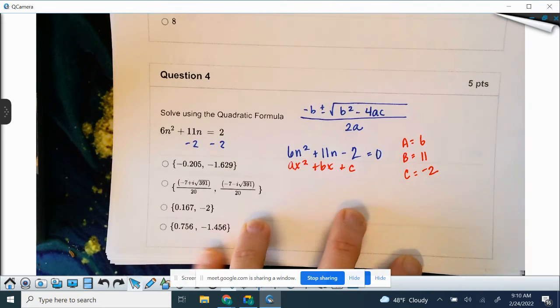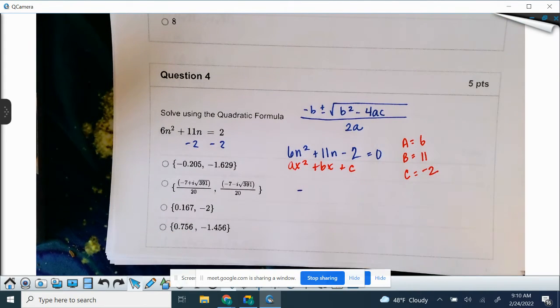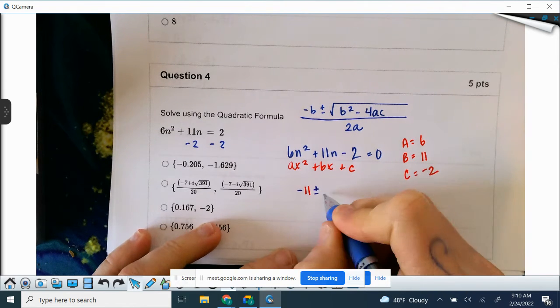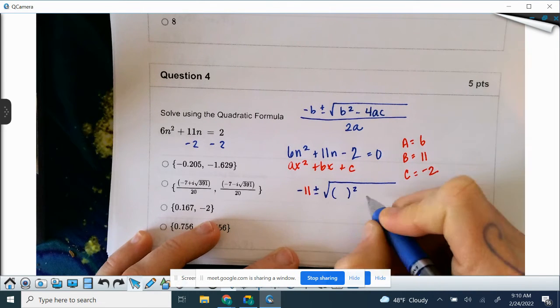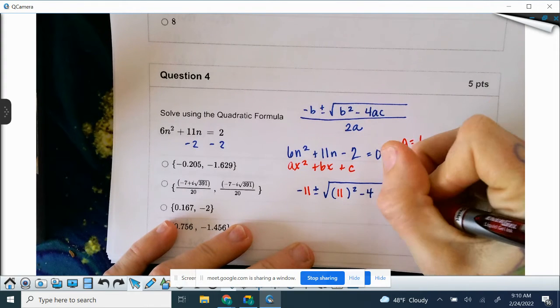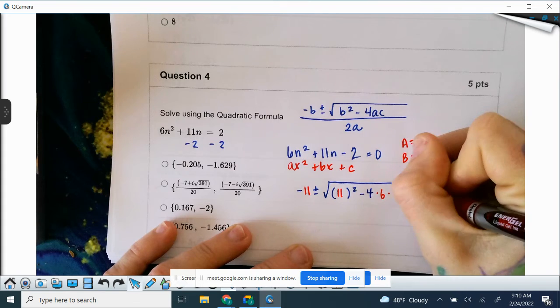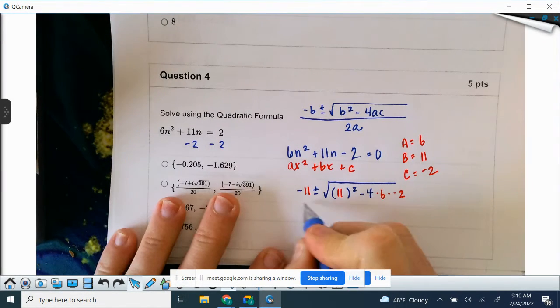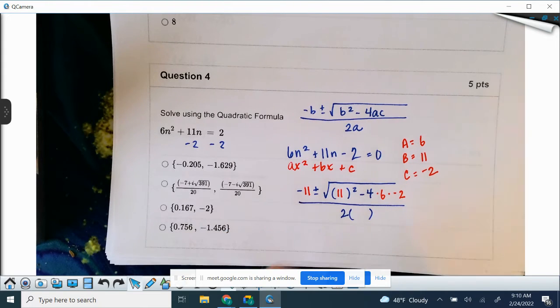And you're just going to plug that into your formula. So negative b, and b is 11, plus or minus the square root. So 11 squared is b squared. And then a is 6, so times 6. And c is -2, so times -2. All over 2 times 6.